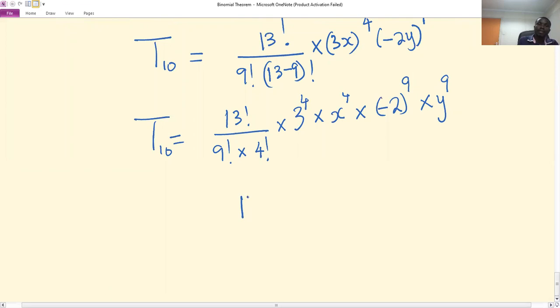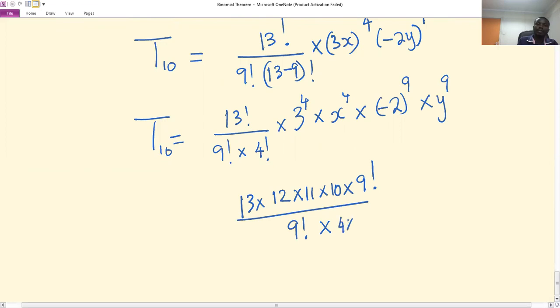So this is 13 times 12 times 11 times 10 times 9 factorial divided by 9 factorial times 4 times 3 times 2 times 1, times 3^4 times (minus 2)^9, times x^4 y^9.